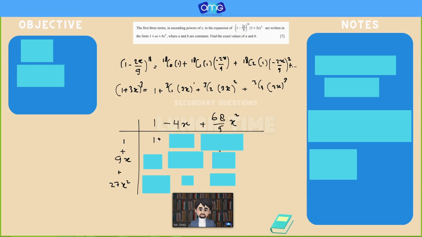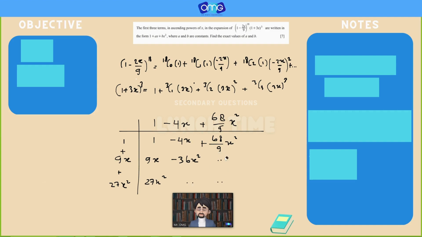1 times 1 becomes 1, and we already counted that. Minus 4x times 1, this, and minus 36x squared, and this one is 27x squared. The rest we don't need to count because they only asked until x squared.